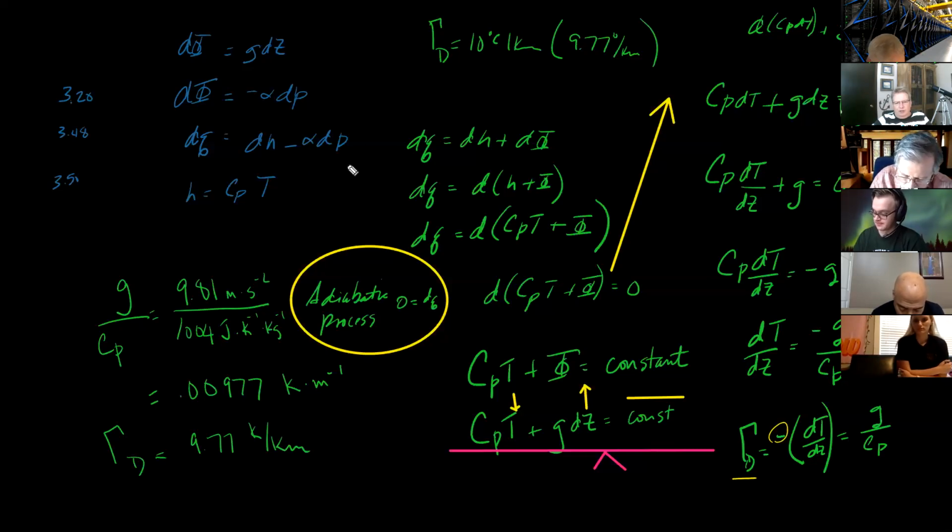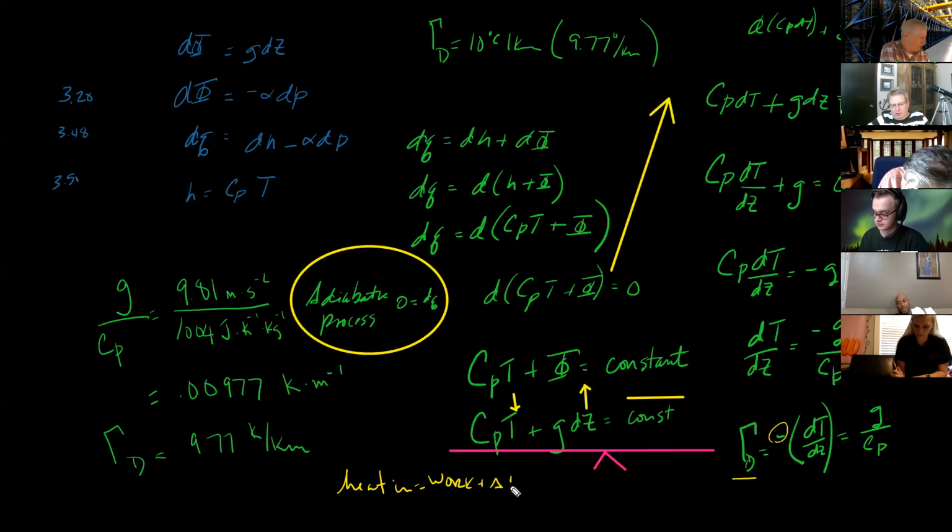So now in the first law, when I go heat in equals work plus a change in the temperature, and there's no heat, then the work, which is expansion, is the change in temperature.